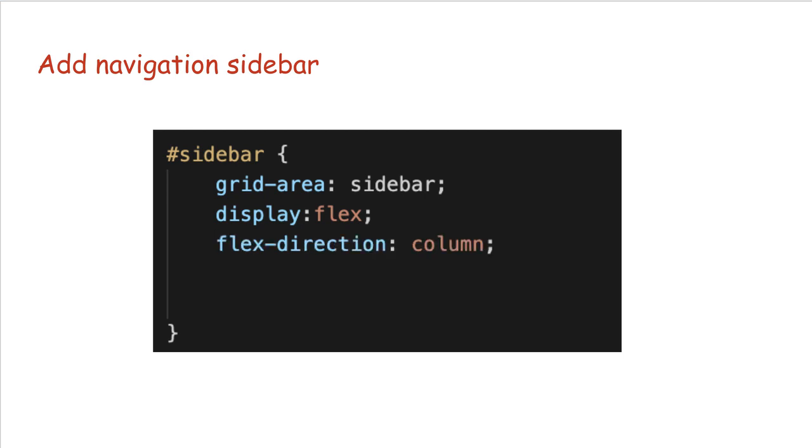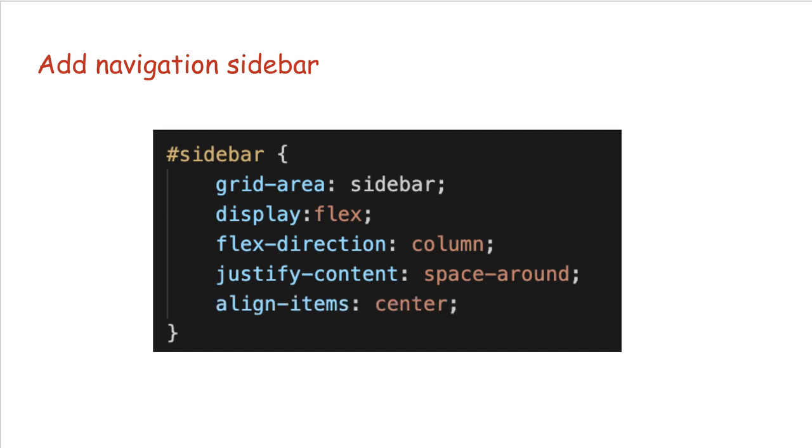Set the direction of the flexbox from the default row into a column, and the justify content declaration, which controls how the browser distributes space between and around content items on the flexbox, to set it to space around, which distributes the elements of the flexbox evenly in the space of the parent element. To center the links horizontally, set align items to center.